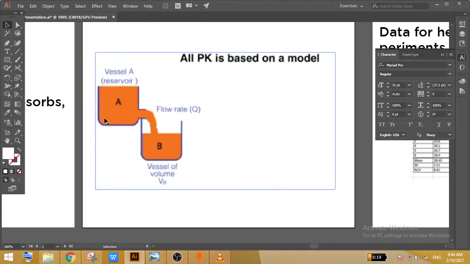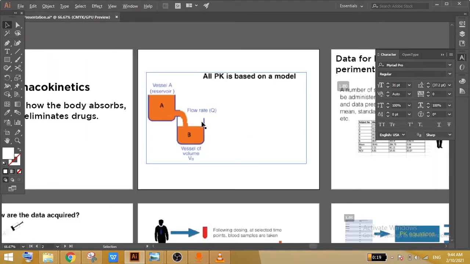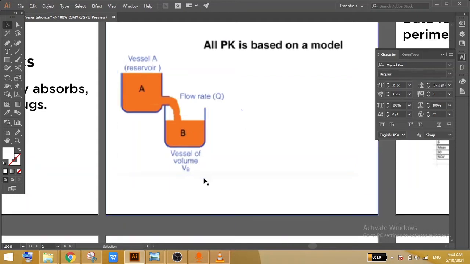We have a vessel A from which the liquid is flowing at a rate into vessel B. Suppose we know that the flow rate Q is equal to 10 milliliters per minute, and we also know that the time it takes to fill vessel B is equal to 8 minutes.